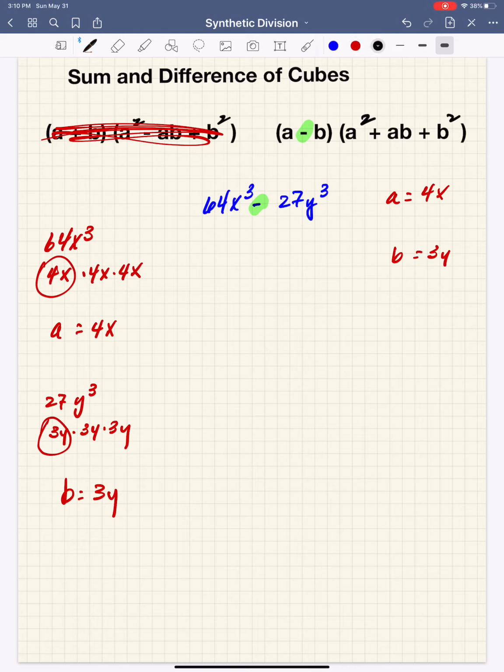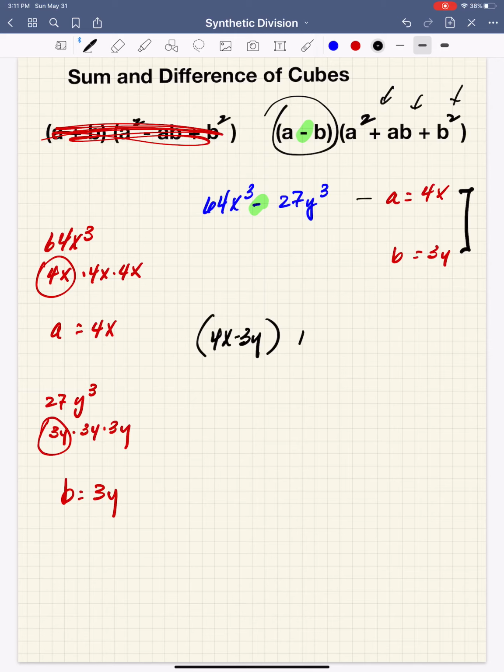And so I'm going to say, here's the first part, a minus b, 4x minus 3y. So 4x minus 3y, that's the first part. Then I'm going to square them, multiply them together, and square it. So I'm going to square this and get 16x squared, because 4x squared is 4x times 4x, which is 16x squared.